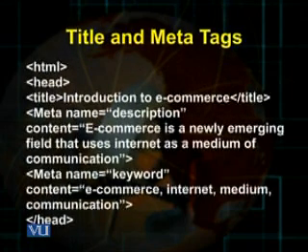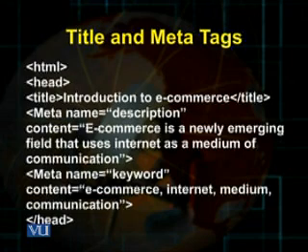You see, within the head tag, I have used a title tag, introduction to e-commerce. This is the information that would be portrayed on the blue bar. Then I have used the meta tag. Meta tag has got no corresponding closing tag. It has got certain attributes. Then I have shown name attribute, name equals description.